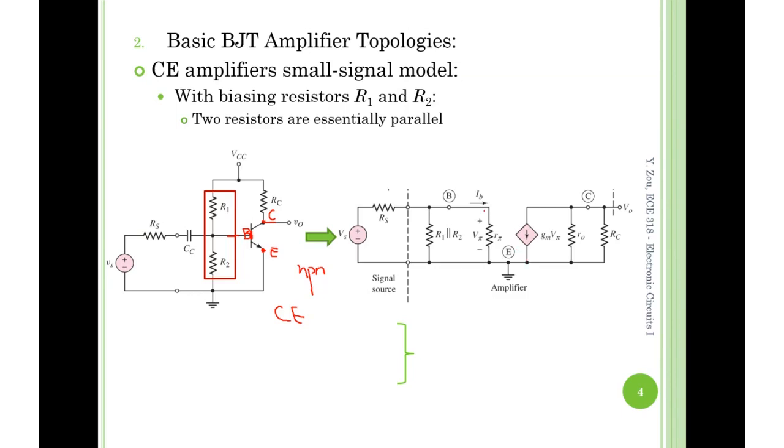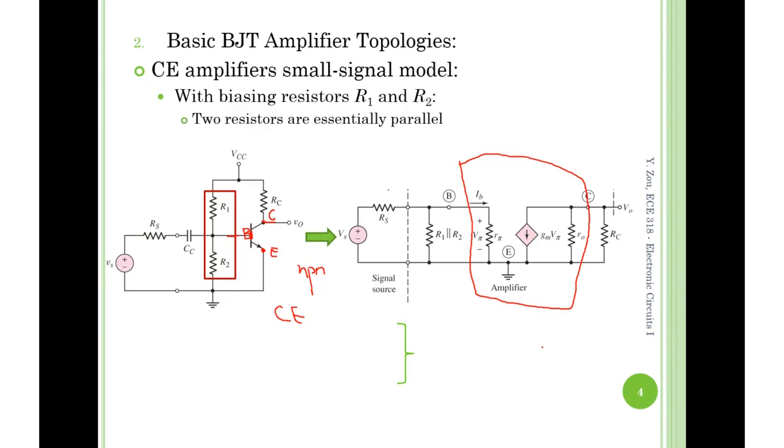So pretty much this portion is the basic model, contained inside the red color. Well, I tried a square box, but it doesn't look like one. Anyways, this is the basic model, and we're extending terminal by terminal.